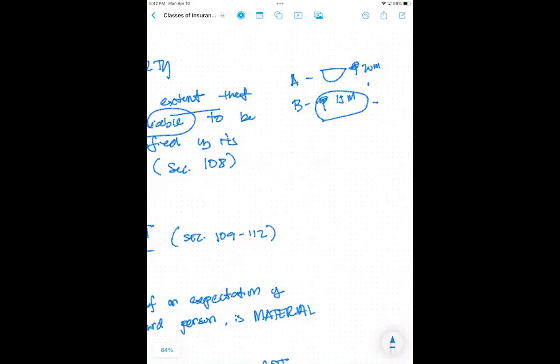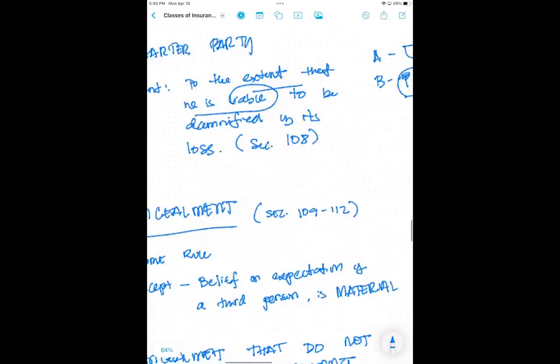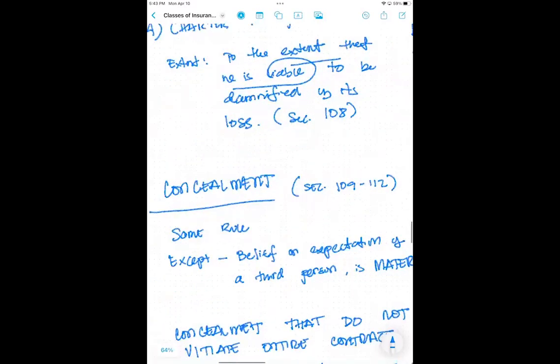So remember the public policy consideration why insurance is an indemnity contract, right? Ulit-ulitin natin yan, because that particular principle is important because that will actually help us understand this insurance.